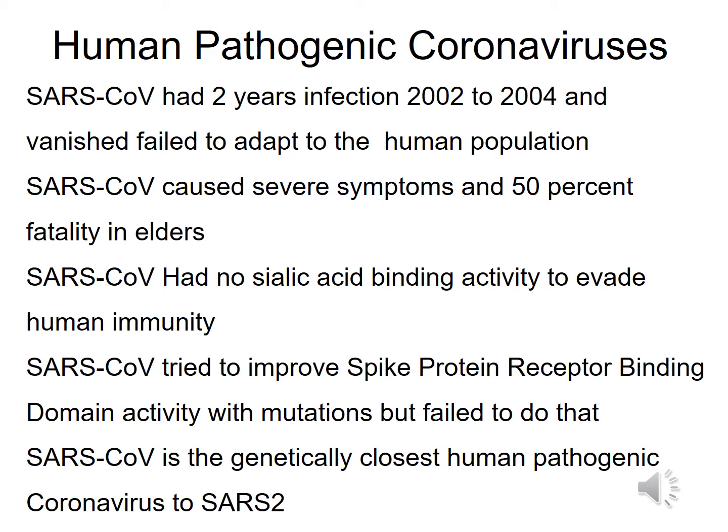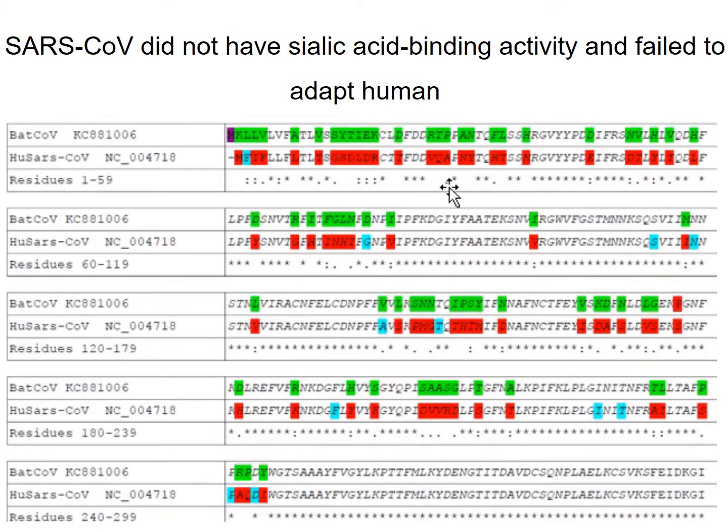It was binding the ACE2 receptor, but failed to do that. And it's the genetically most related virus to SARS, and within the context of host adaptation, it's completely not like SARS coronavirus 2. So this is how normal coronaviruses adapt. Actually, they cannot adapt. But this is the important part.